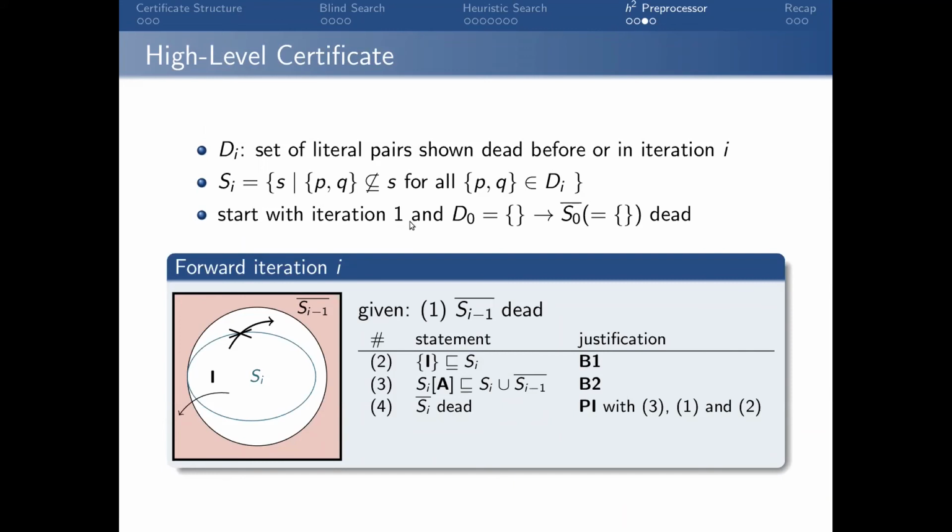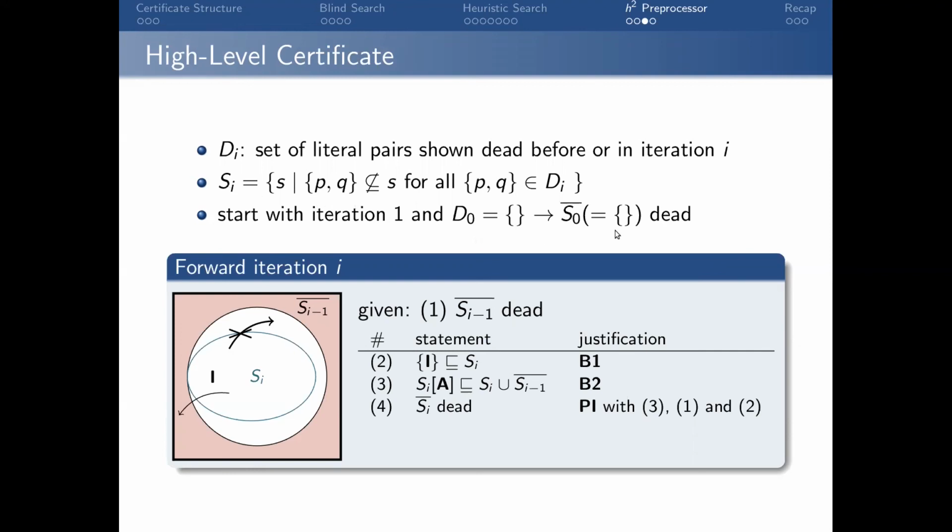Now, if we start with iteration 1, we define D0 as the empty set because we don't have anything shown dead yet. This has a nice side effect that we can already state that the negation of S1, so all states that violate these, it's not mutexes, it's dead pairs we call them, no states can violate an empty set of dead pairs.